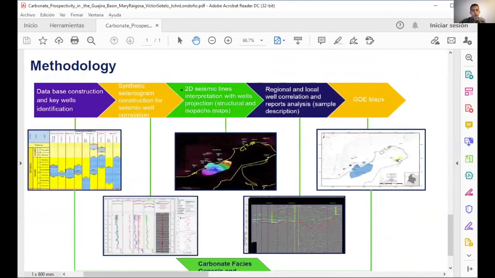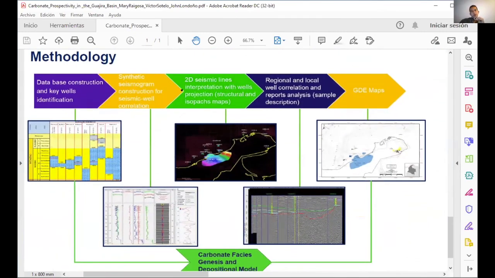The focus of this project was to evaluate the carbonate facies and their associated genesis using data from the rocks outcropping in the onshore area and those rocks drilled by onshore and offshore wells, along with detailed well correlation, biostratigraphic documentation, seismic interpretation, and also core and cutting analysis.